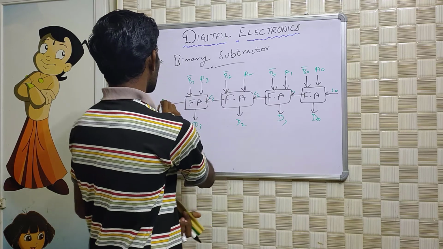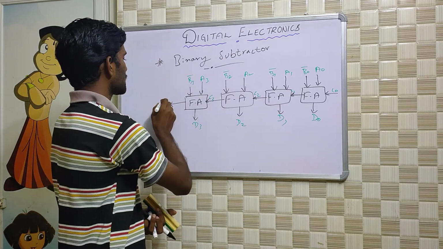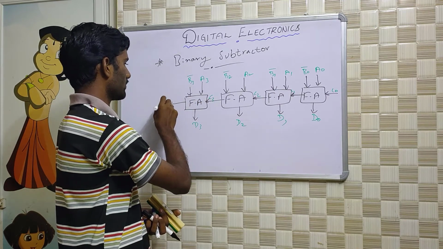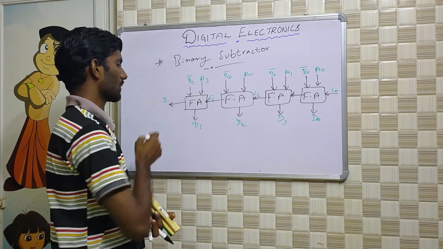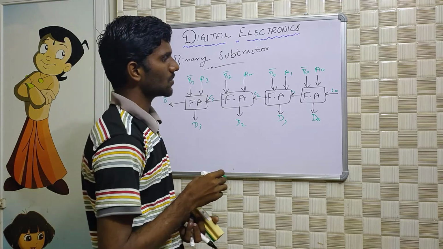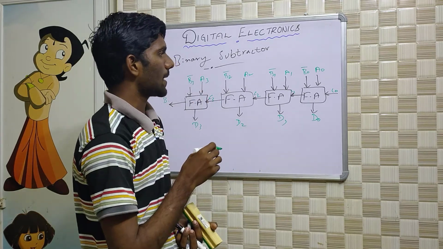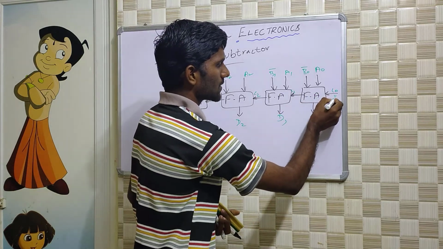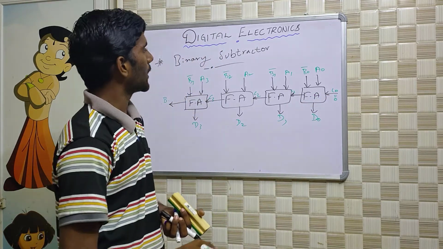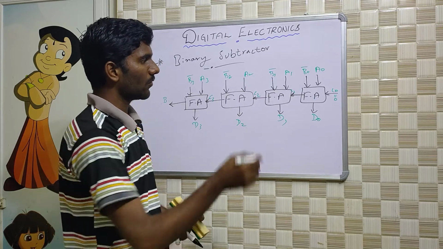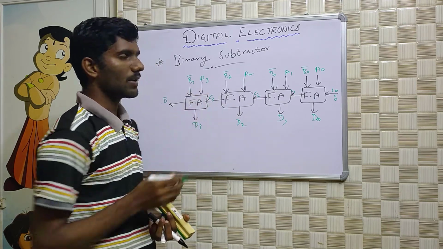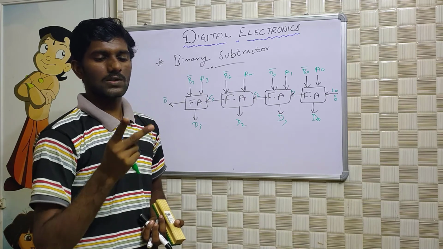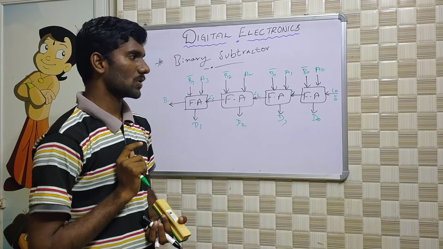Here we can call it carry or borrow. So the result here is the borrow. In case of binary adder, the input C0 will always be 0. When it comes to binary subtractor, we have 2 types of subtractions: by using 1's complement or by using 2's complement.